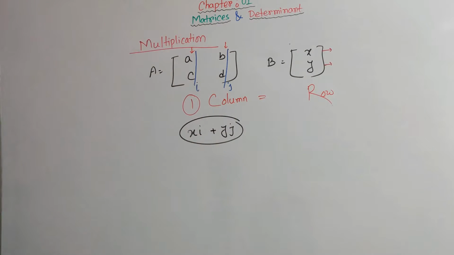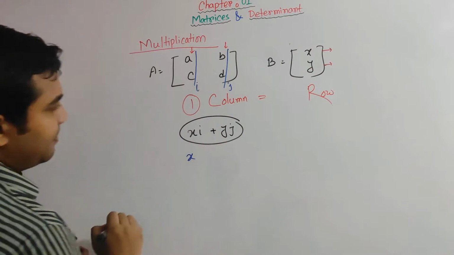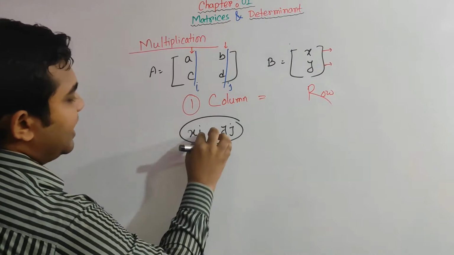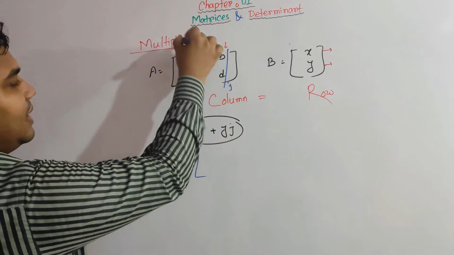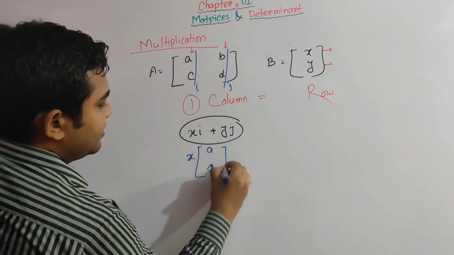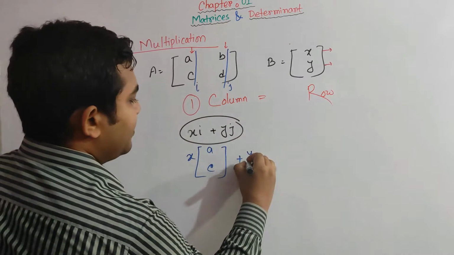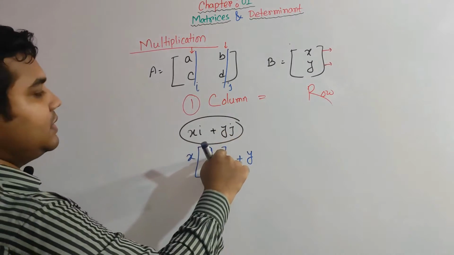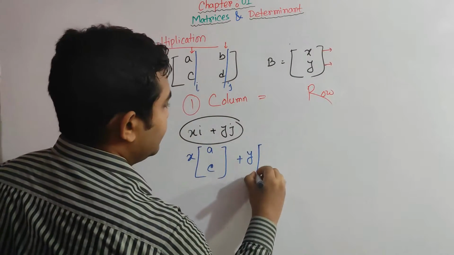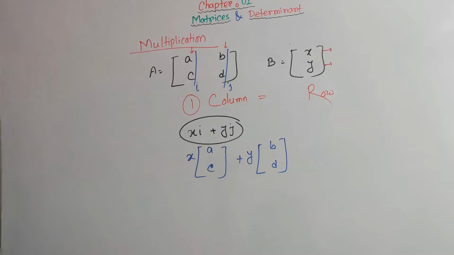How? Just look at the board. Here x should remain the same as before, but in the case of i, the i column is given: a c, plus there is also y, and the j column is b d. Clear?